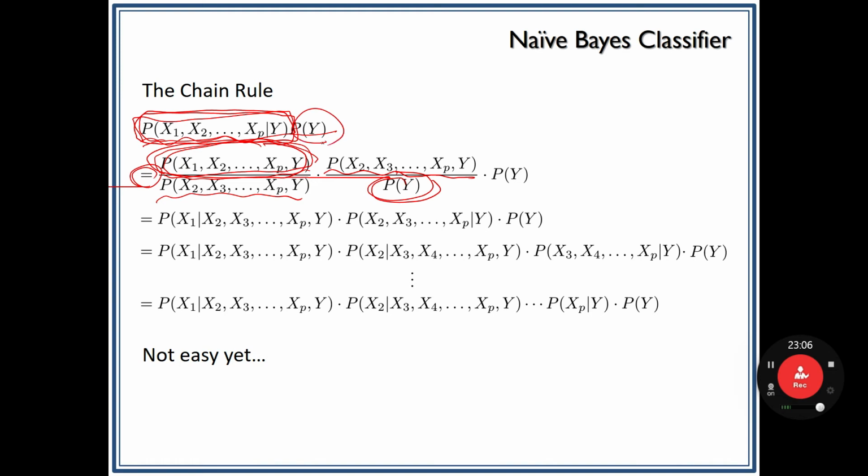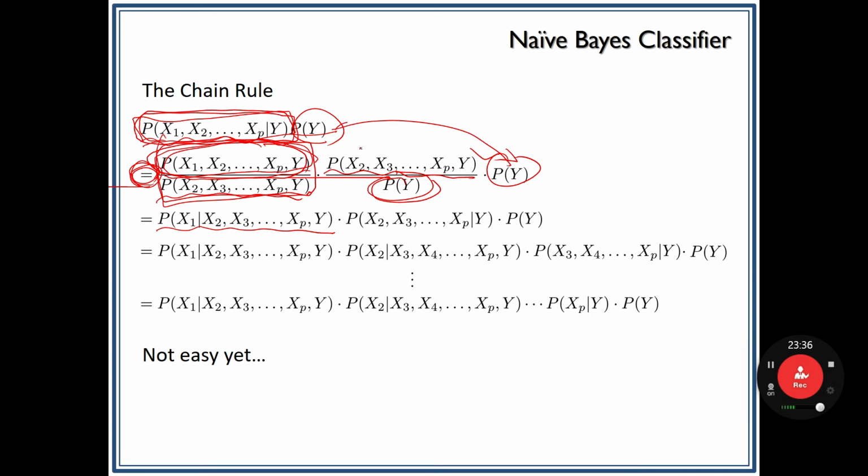And this P of y comes here. Then we can see that this equality holds. Then this first term becomes this one by the definition of conditional probability: the probability of x1 given x2 through xp and y.